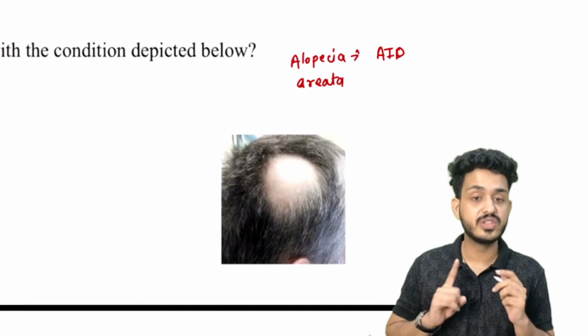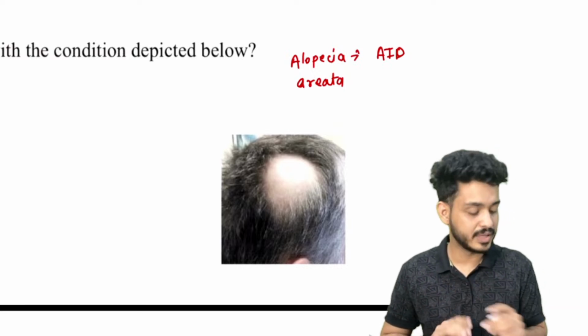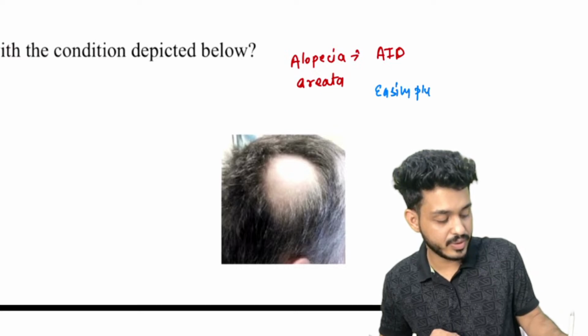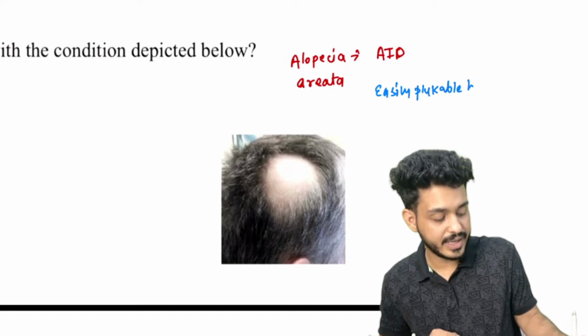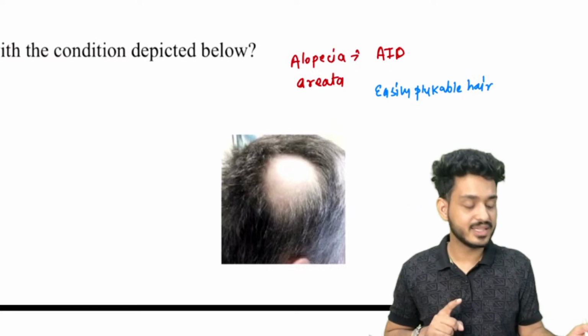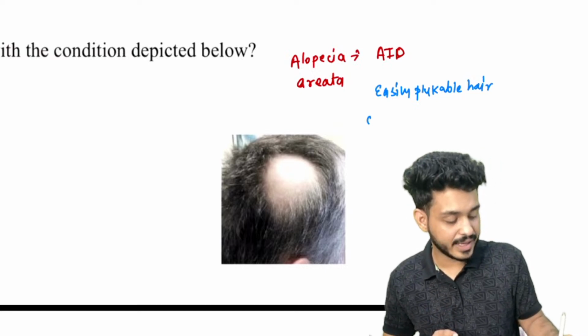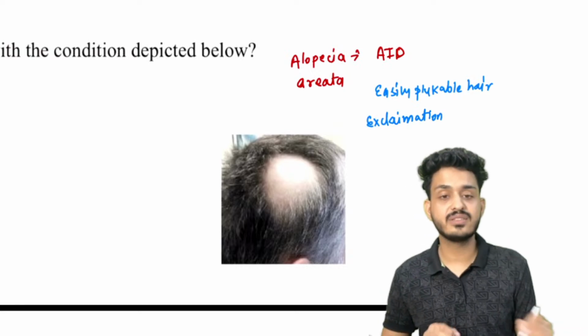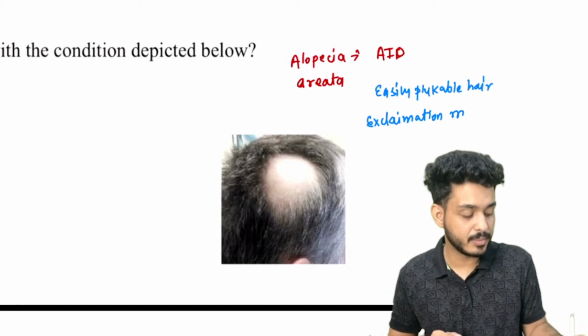What are the important features that you should remember about this disease? You will be finding easily pluckable hair. One more thing, you will be finding a specific sign known as the exclamation mark sign.